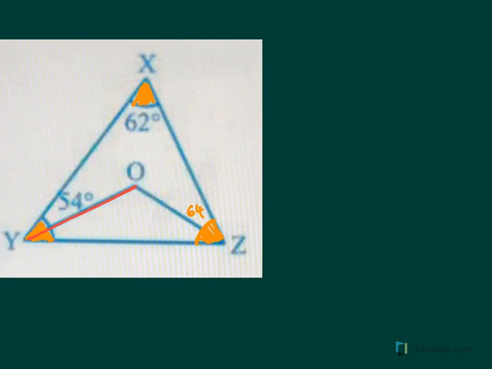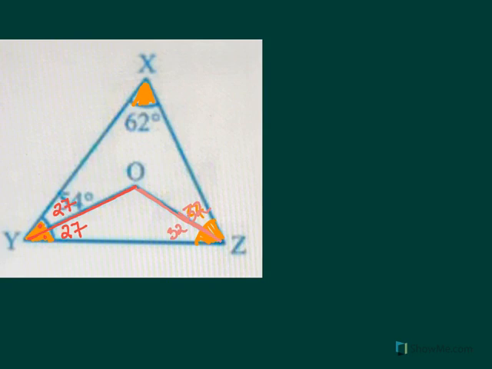So if we divide 54 by 2, this becomes 27 and 27, two equal halves, this and this. On the other side, ZO is a bisector, bisector means it cuts the angle 64 into two equal parts, and if 64 is cut into two equal parts, we'll get 32 here and 32 on this side.